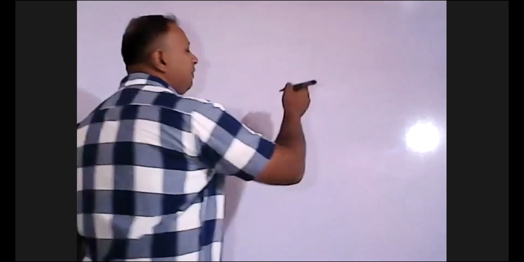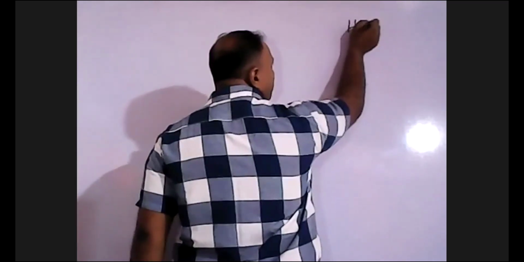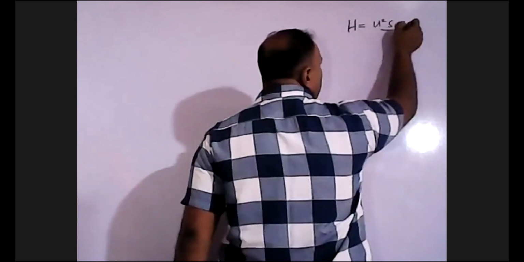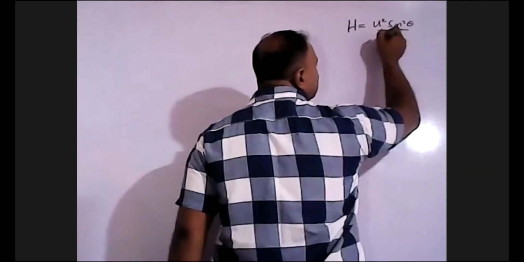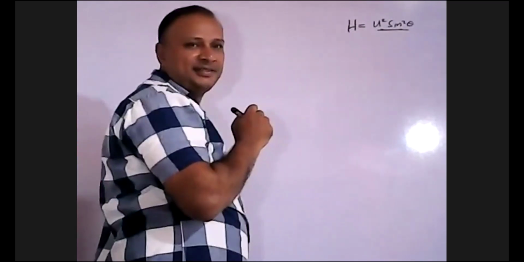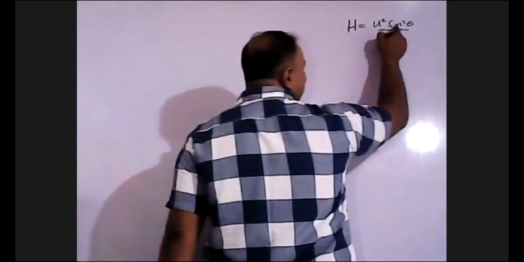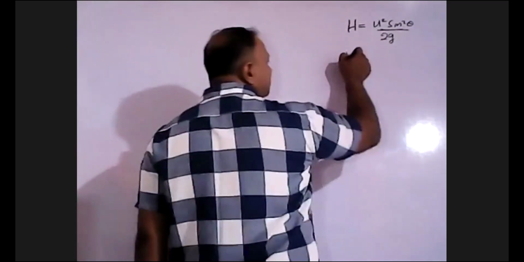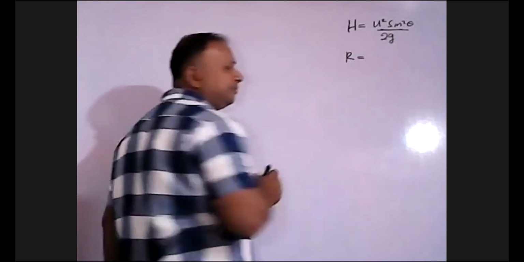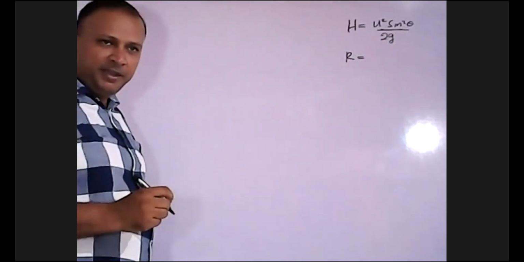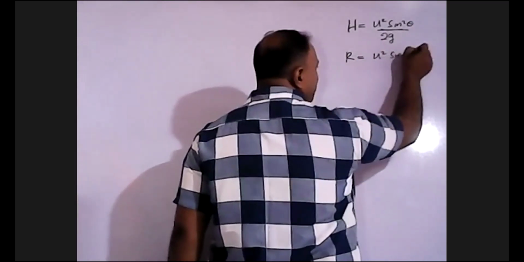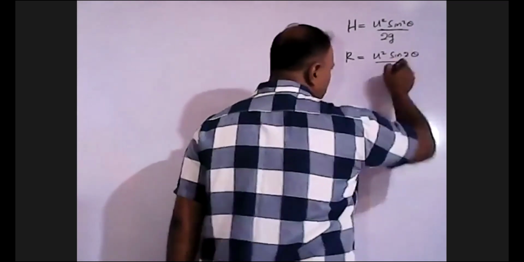We know the maximum height. The maximum height is given by u squared sin squared theta over 2g. The range is given by u squared sin 2 theta over g.